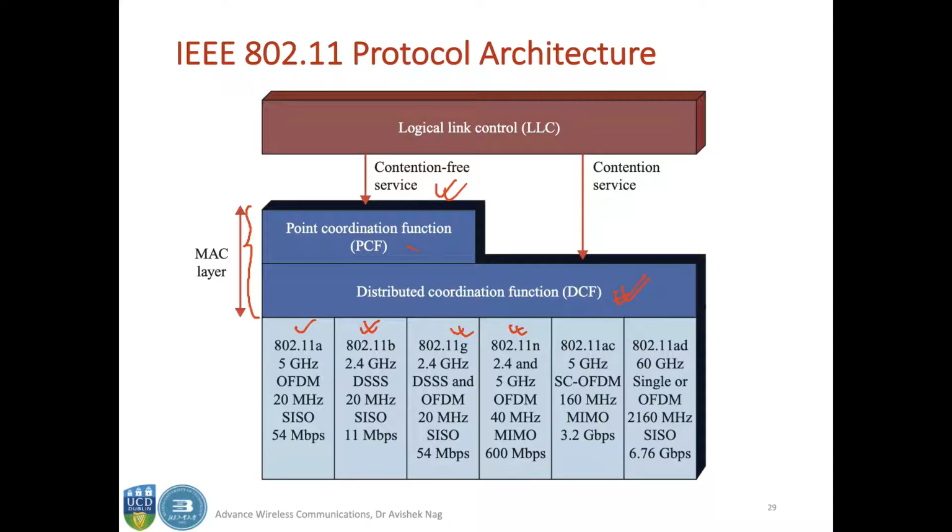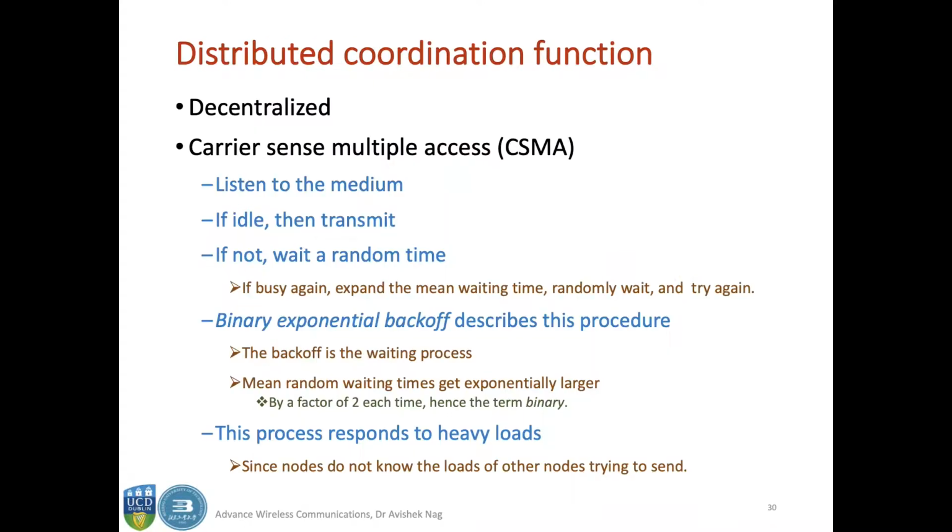So contention is basically when two or more senders are trying to access the medium at the same time. So there is a conflict. Okay, so when that happens, the CSMA takes care of such situations. So basically, CSMA allows all the transmitters to listen to the medium. Okay, so if the medium is idle, then only you transmit.